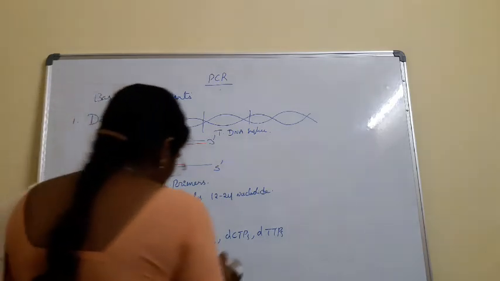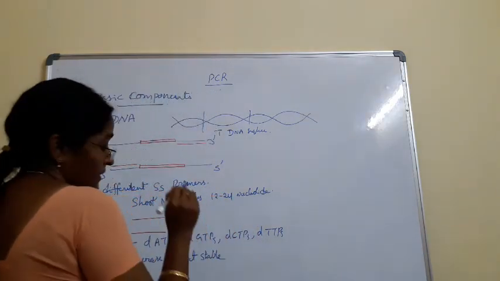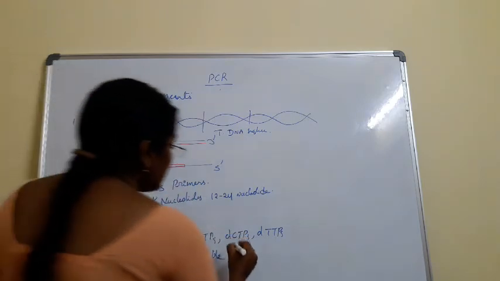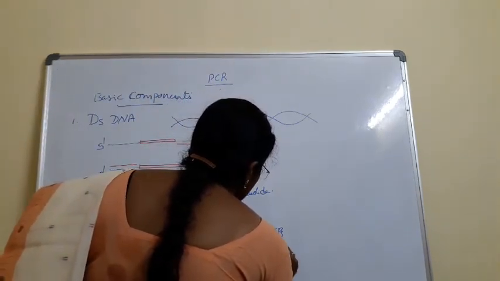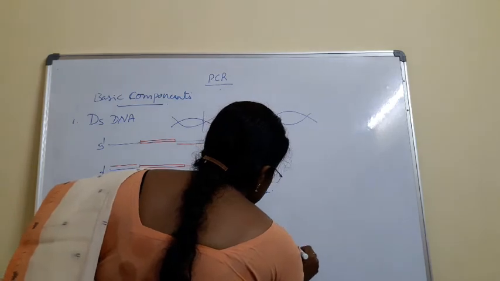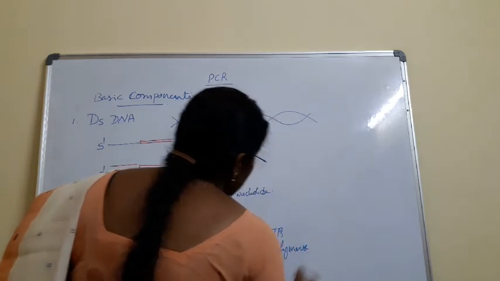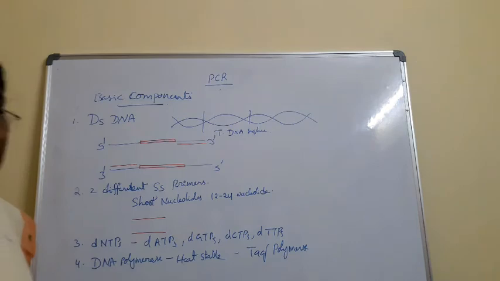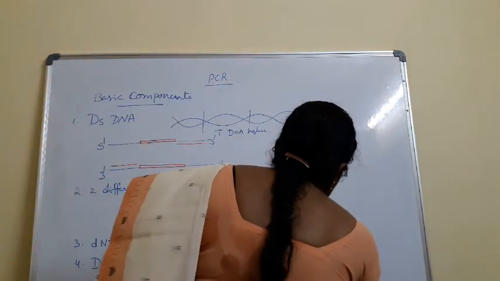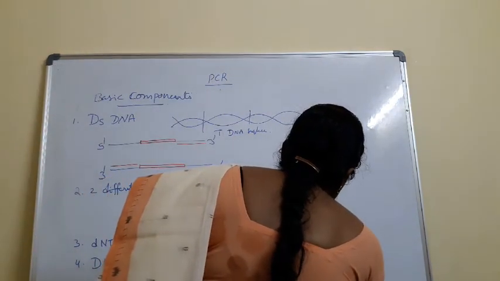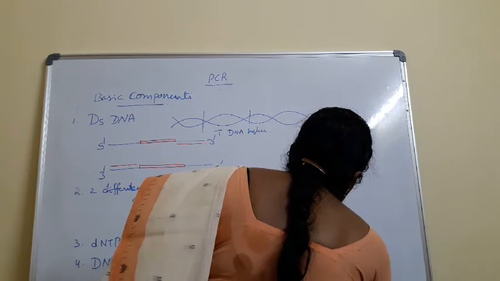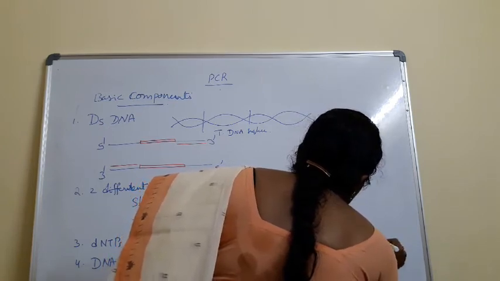For example, the most used polymerase is Taq polymerase. This enzyme is isolated from the thermophilic bacterium Thermus aquaticus.